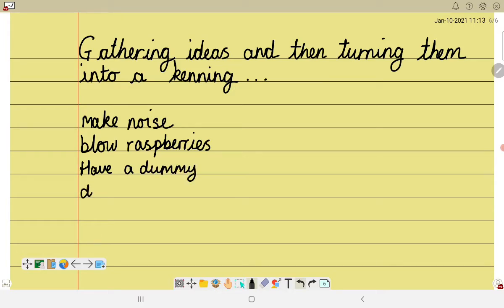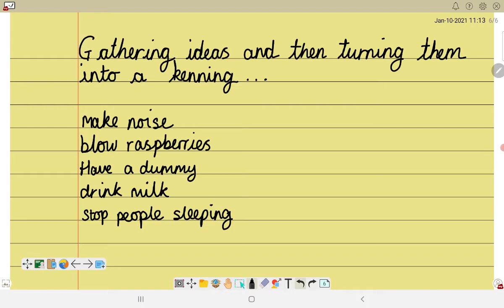They drink milk. And they stop people sleeping. Okay, so I have lots of ideas here about babies, but they've not been written as kennings. So I'm going to change them now so that each idea becomes a kenning.